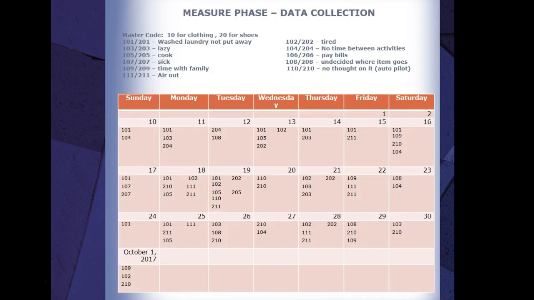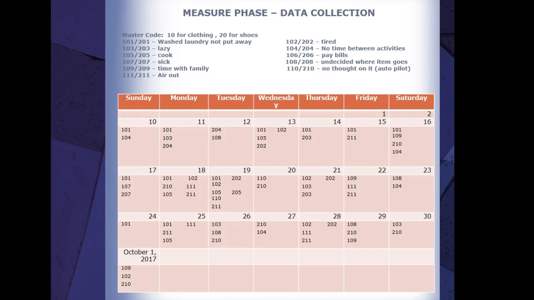During my measure phase, I wanted to create a baseline to figure out what my regular pattern is so that later on in the project I could implement some improvements and then log that data.